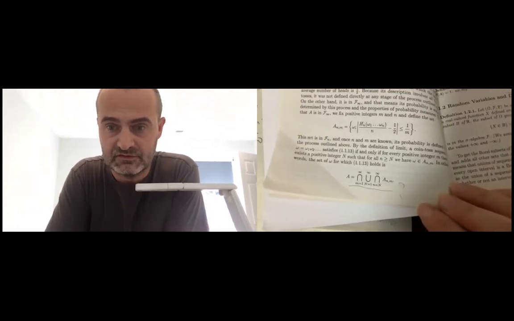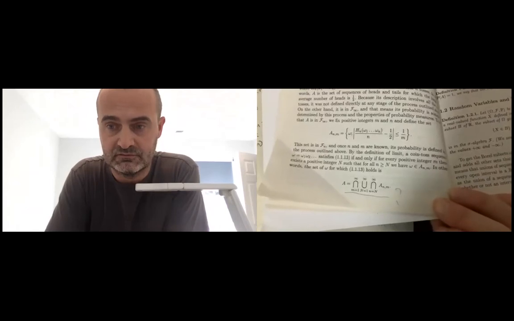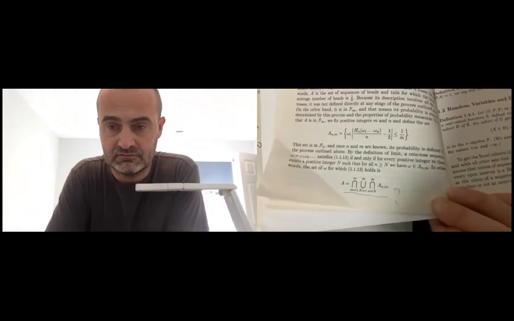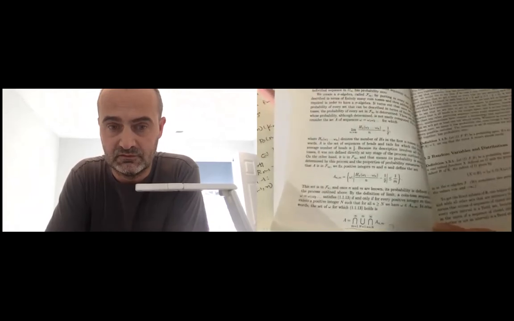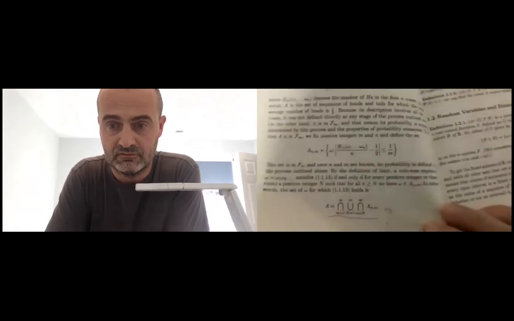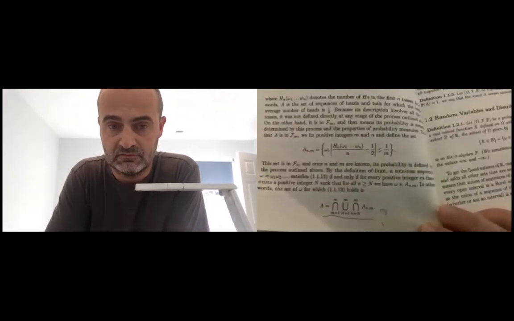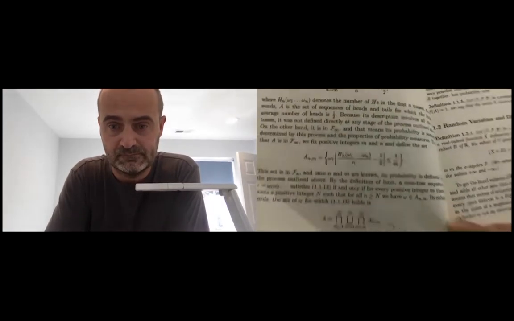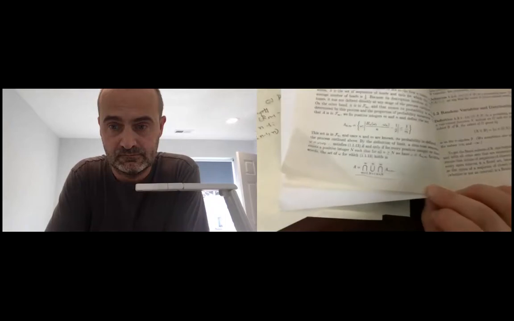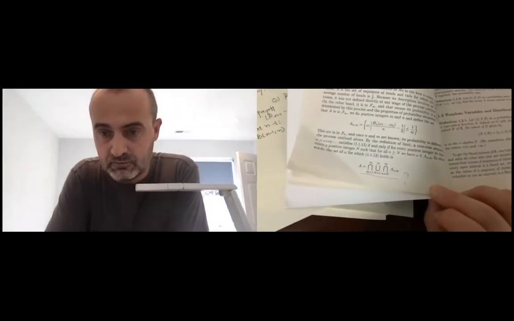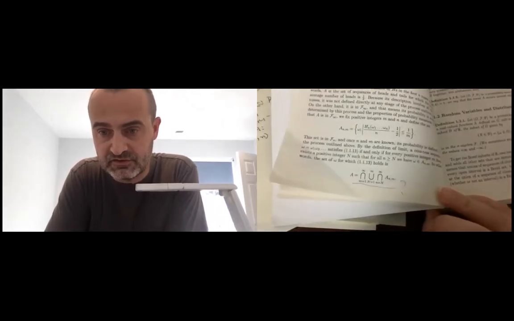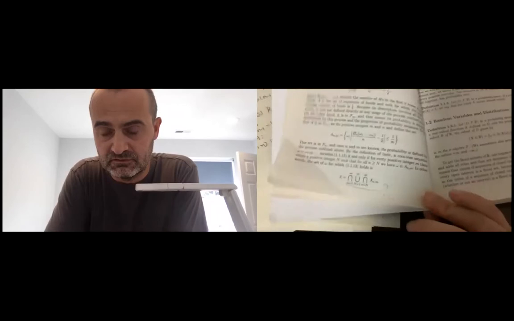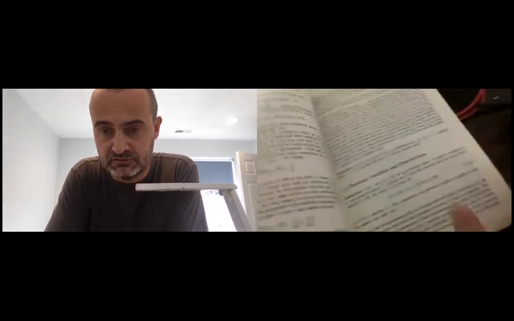Well, you have three operations in the front, right? First you do intersection, then union, then intersection. Okay.